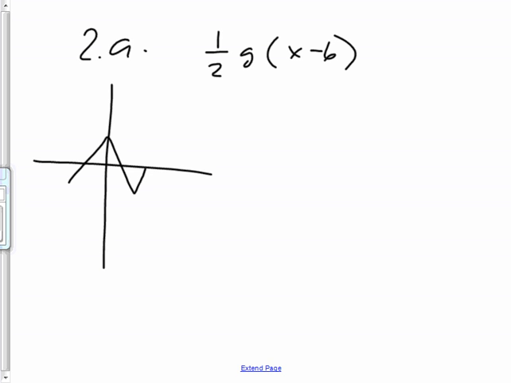Well, 6 to the right, and it gets half as tall. Now, if I was picking which to do first, do you know which to do first? Start on the inside. What's that? 6 to the right. So I'm going to take mine and just go like this, kind of cheating because I got a smart board. I'm going to grab it and move it over 6 spots to the right. 1, 2, 3, 4, 5, 6.